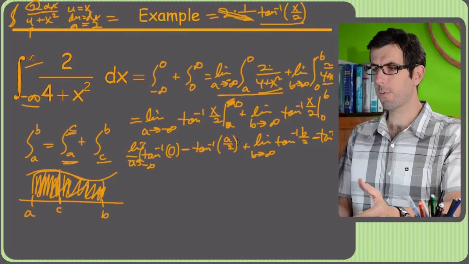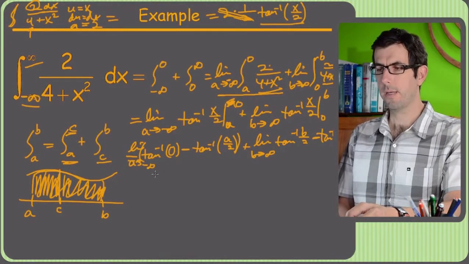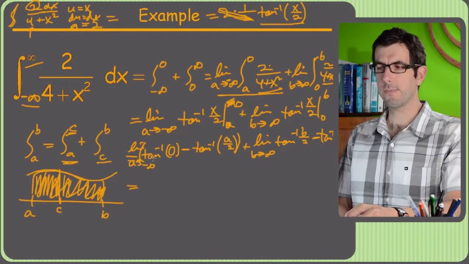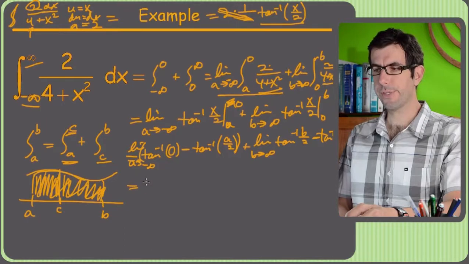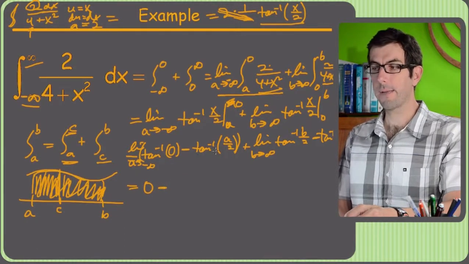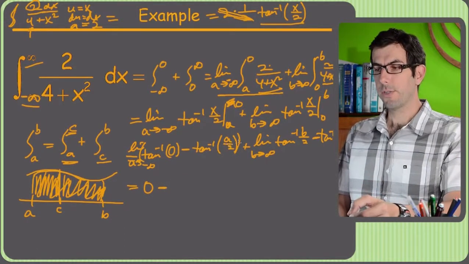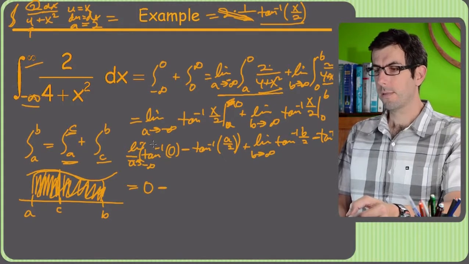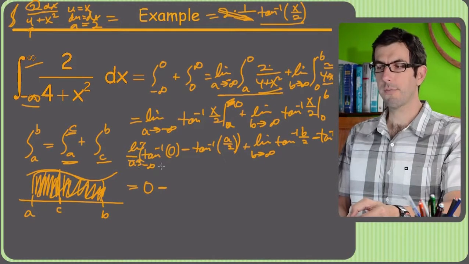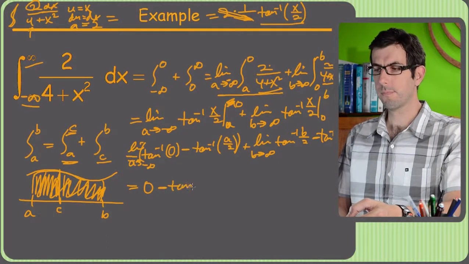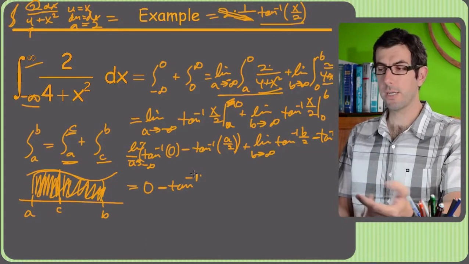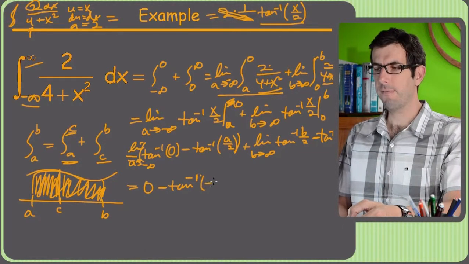So these first 2 are with my a approaching negative infinity. So what is the inverse tangent of 0? That's just 0. And I'm subtracting the inverse tangent of the limit as a approaches negative infinity, so tan minus 1 or inverse tangent of negative infinity.